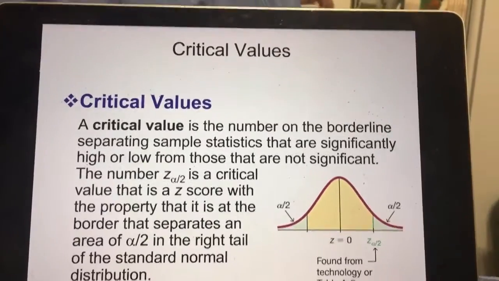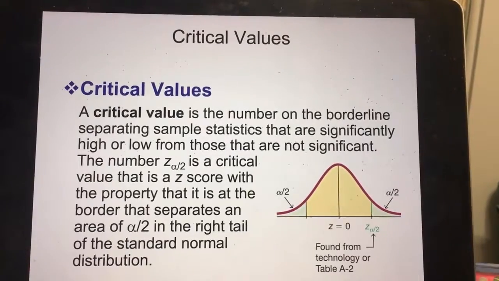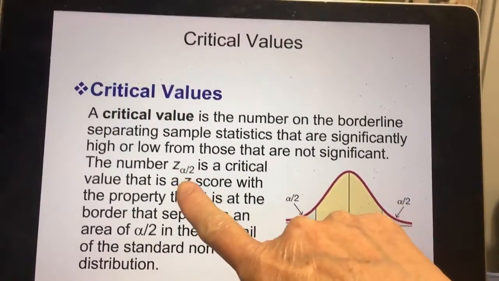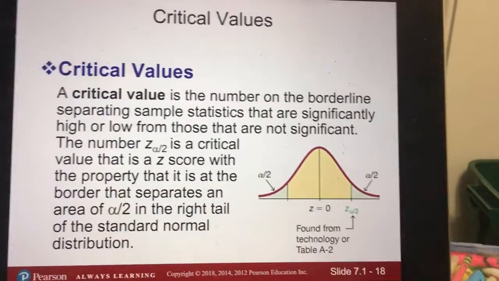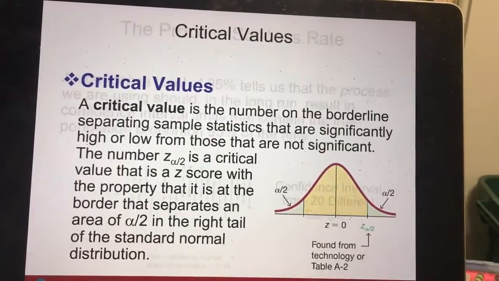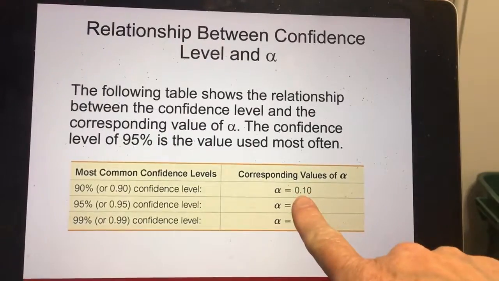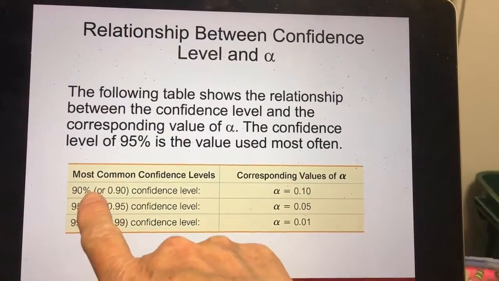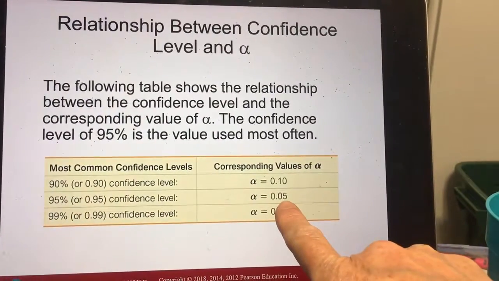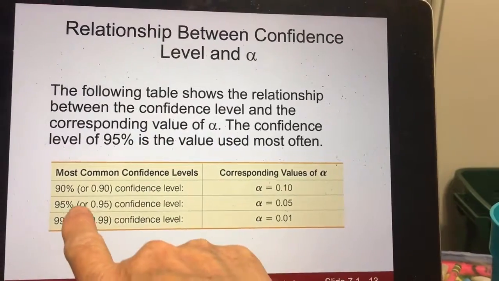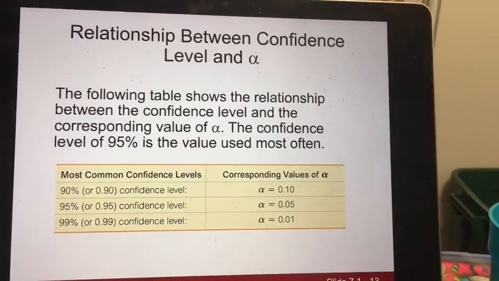We've also talked about the confidence level, C, being 1 minus this alpha, which we're going to learn more about as we go along. As we saw before, when the alpha was 0.10, then the confidence level was 90%. When the alpha was 0.05, which is 5%, the confidence level is 1 minus that, or 95%, and so forth.